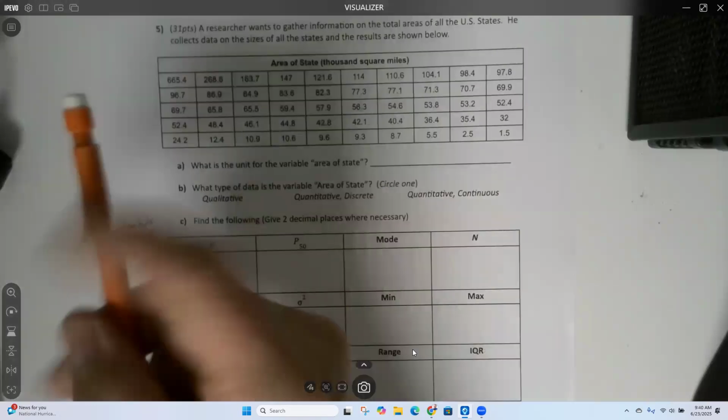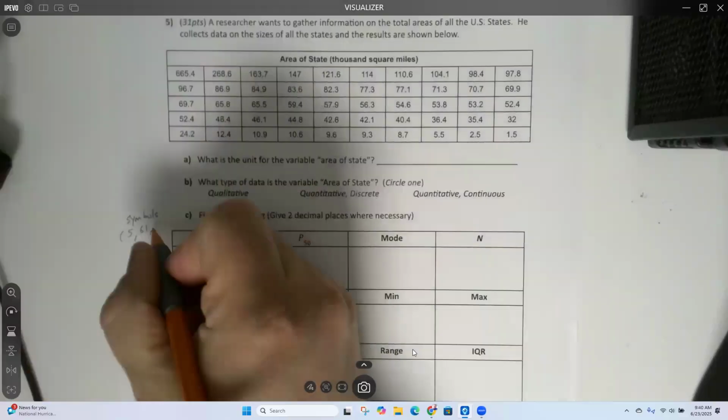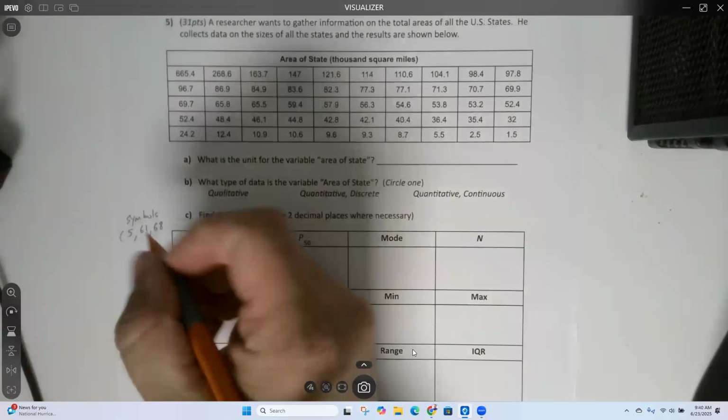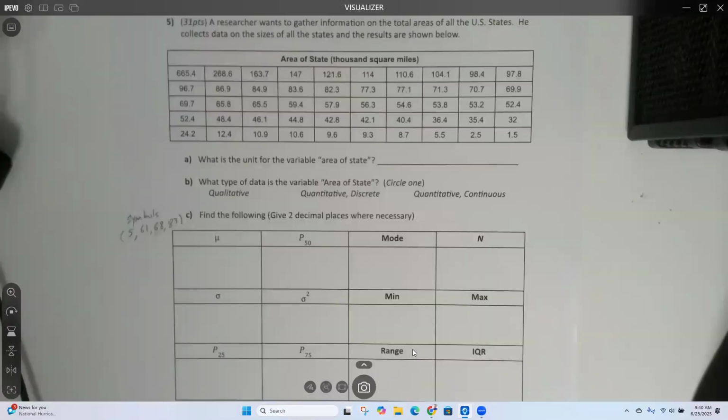So for today, you can look it up on pages 5, 61, 68, and 83.